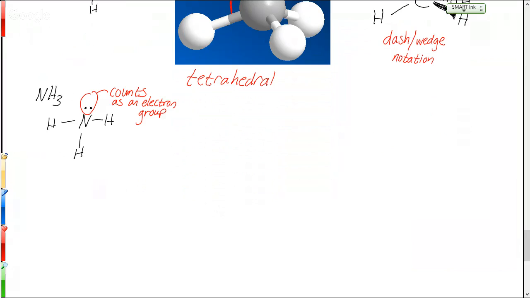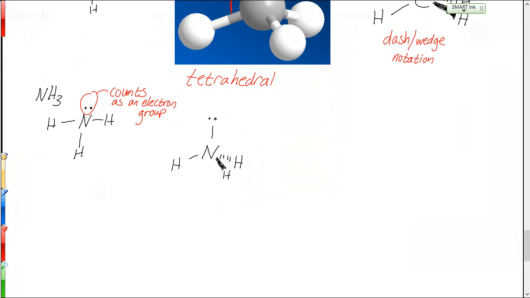So it won't be spread out in trigonal planar, it'll look more like this. So the geometry is based on the number of electron groups. We would expect those HNH bonds to be around 110, and they are. And that puts it in the tetrahedral group.